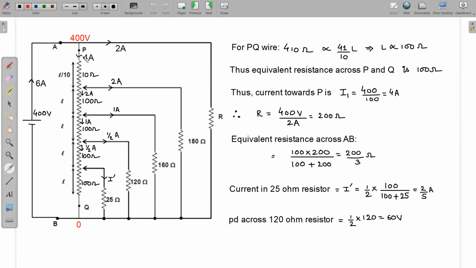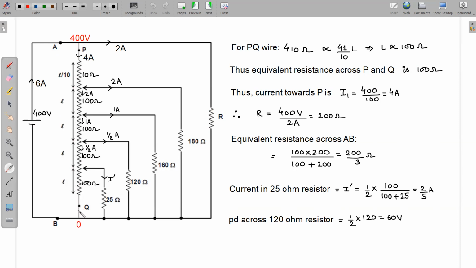Remember that across P and Q, if you are finding the value of equivalent resistance, this R will not be accounted for. If you find across A and B, then the equivalent resistance will include the value of this resistance capital R. I am saying what is the equivalent resistance only across P and Q points. So that is 100 ohm, right? Now we know that a battery of 400 volt was connected over here. So the potential difference across P and Q points is 400 volts.